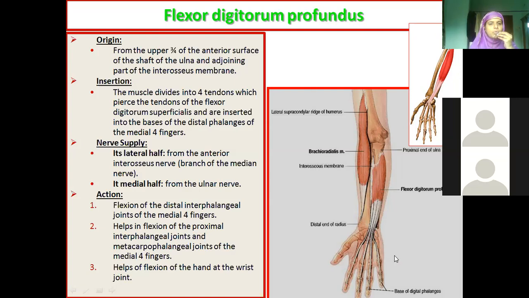The muscle divides into 4 tendons, which pierce the tendons of the first muscle. What was the first muscle? Flexor digitorum superficialis. And I'll show you a very good picture. They are inserted into the base of the distal phalanx of 4 fingers: second, third, fourth, and fifth. Counting starts with the thumb, beta. Remember, this is 1, 2, 3, 4, 5. Though the little finger is medial, we don't count from here, we count from the thumb.